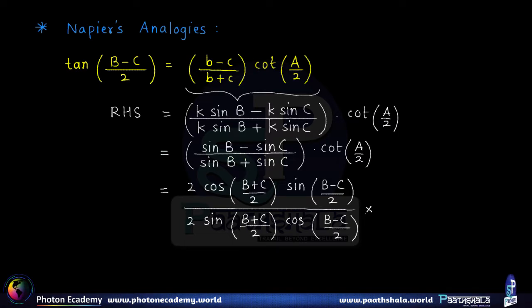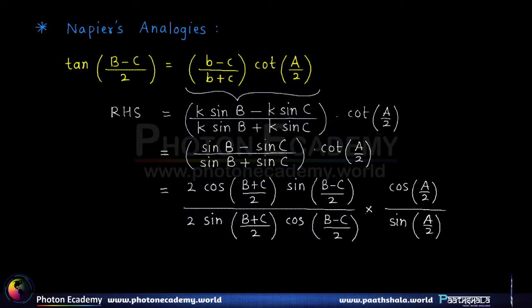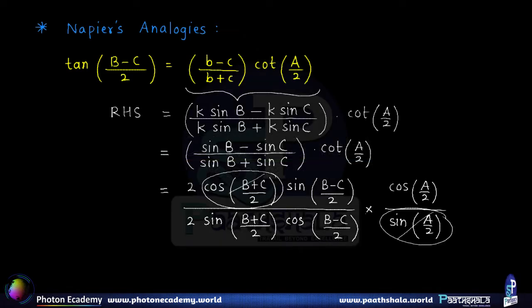On the remaining term, cot A by 2, we can write cos of A by 2 upon sin of A by 2. The moment we see the term cos of (B plus C) by 2, it is already equal to sin of A by 2 because of the properties of angles of a triangle, so that can be cancelled with sin A by 2.